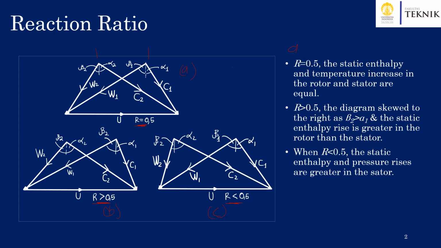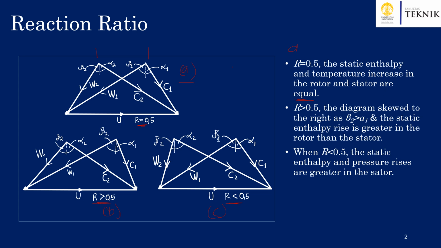That means that the inlet and the outlet of the rotor are the same, so the static enthalpy and the temperature rise in the rotor and stator are equal. That's for case A. We can clearly see that they share the same shape, just reflected one to another.